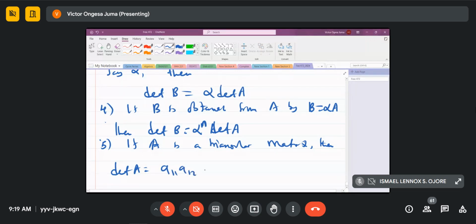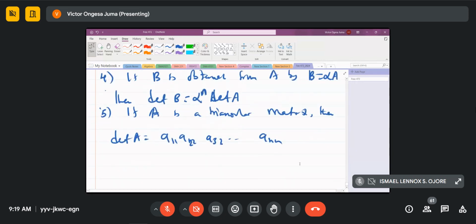A11, A22, A33 until Ann. You simply multiply the elements along the main diagonal. So basically what you are doing is reducing the matrix into a triangular matrix, and then once you get a triangular matrix, you multiply the elements along the main diagonal.